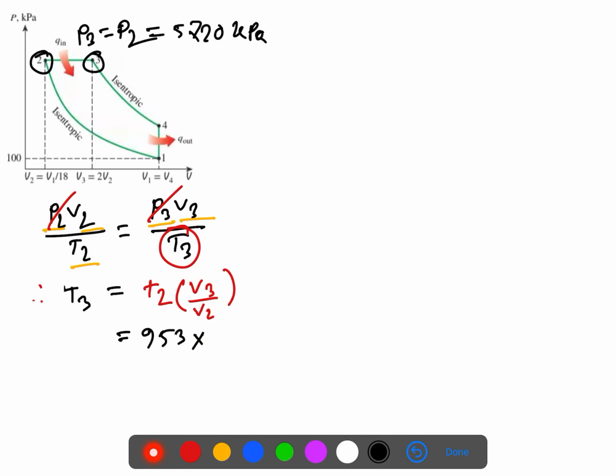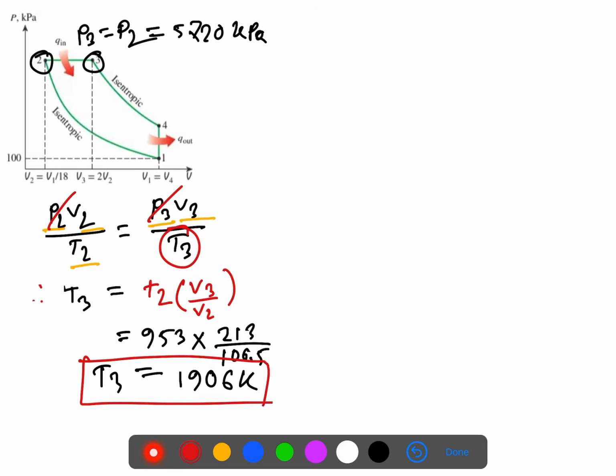What is the V3? V3 we know is 213, and V2 we know is actually 106.5. So it will be 1906 Kelvin, T3. So that means now we have done these two, P3 and T3.